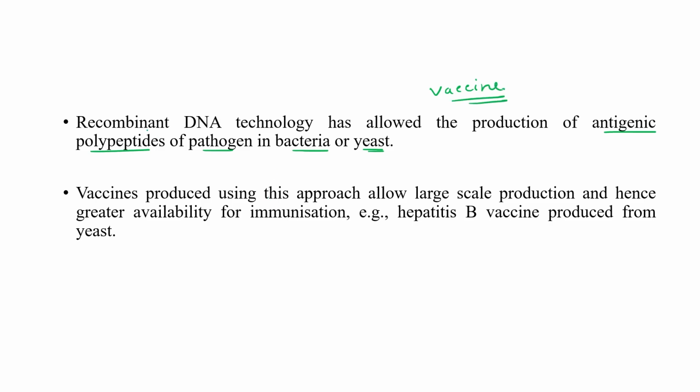Vaccine production using this approach allows large scale production, hence greater availability for immunization against various diseases like hepatitis B. This hepatitis B vaccine is produced from yeast. So in this way also, recombinant DNA technology or biotechnology tools help us in the medical field.